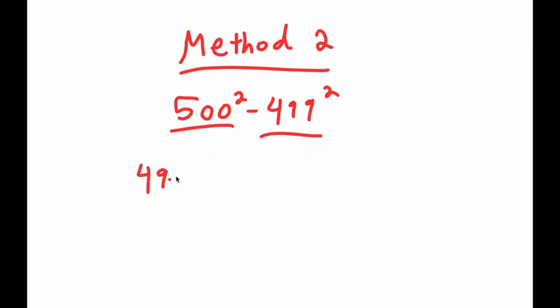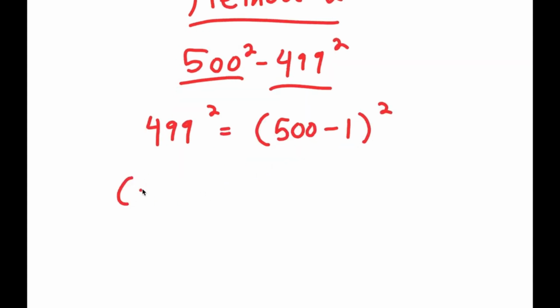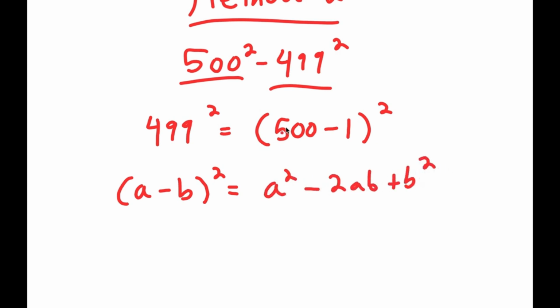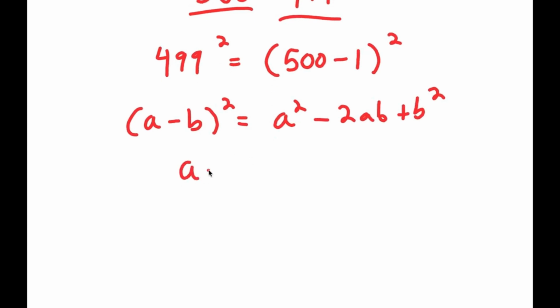So 499 squared is the same thing as 500 minus 1 squared. And if I have something in the form a minus b squared, this is equal to a squared minus 2ab plus b squared. So, in this case, a is 500 and b is 1.